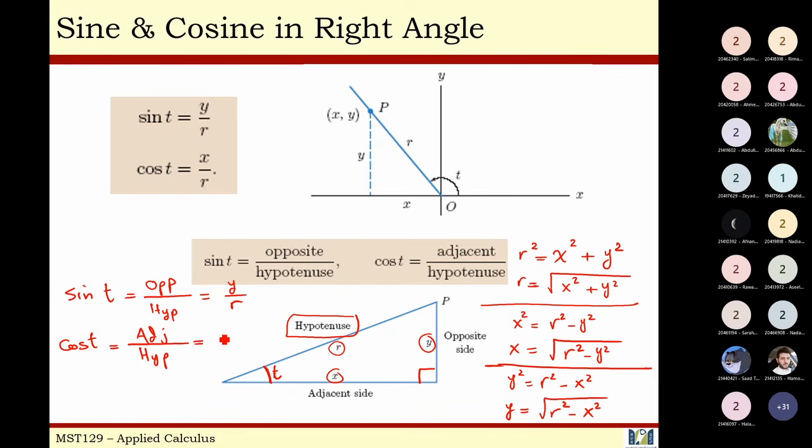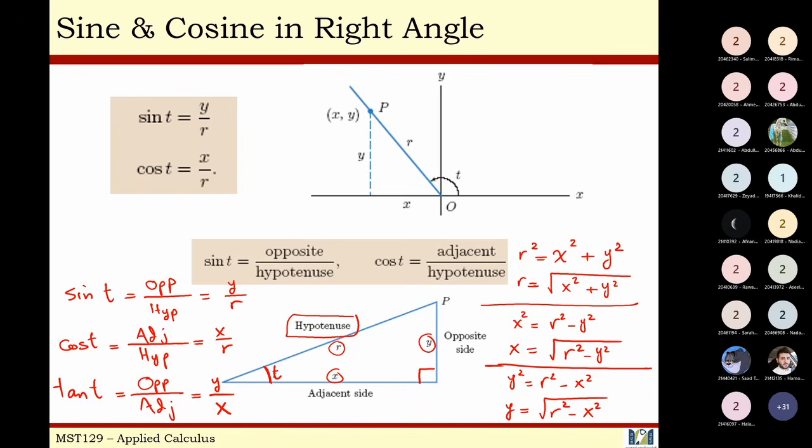This is equal to X over R. And the tan of T equals opposite over adjacent. This is equal to Y over X. Okay, these are the three important laws to find the sine, cosine, and tan from a right triangle.